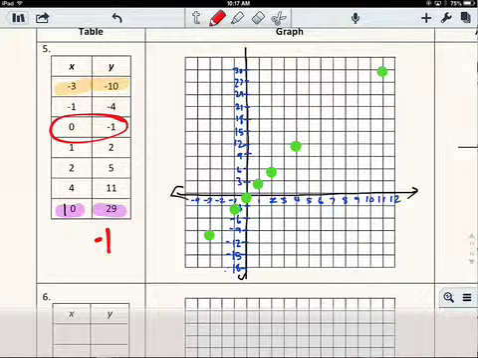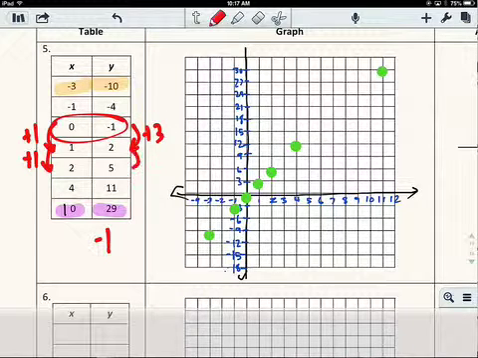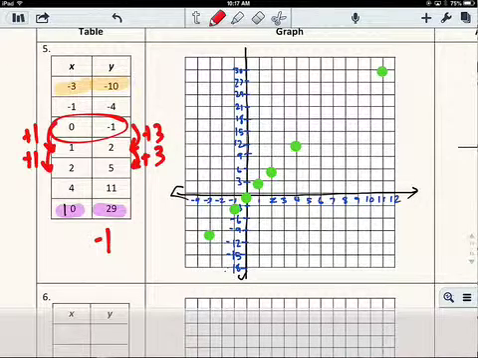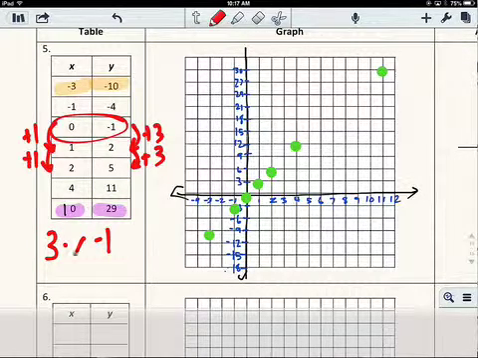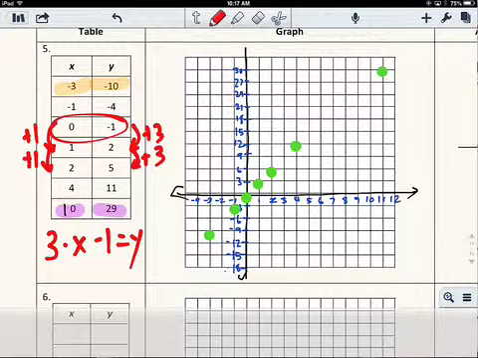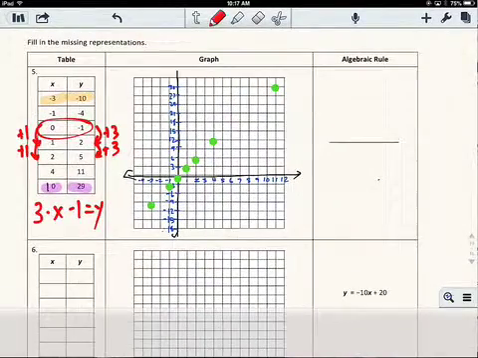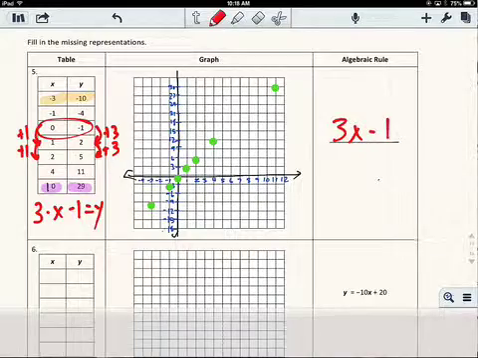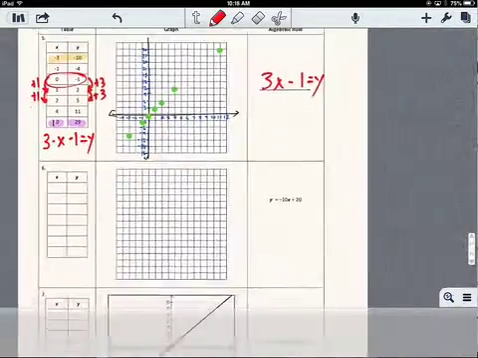I notice that when x is going up +1, y is going up +3. So that's 3 times x minus 1 equals y. So 3 times 10 is 30, minus 1 is 29. 3 times 4 is 12, minus 1 is 11. 3 times 2 is 6, minus 1 is 5. So that sure seems like the rule. So that's 3x minus 1 equals y.